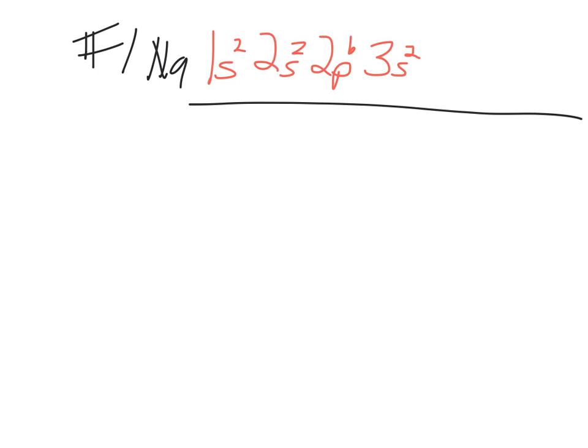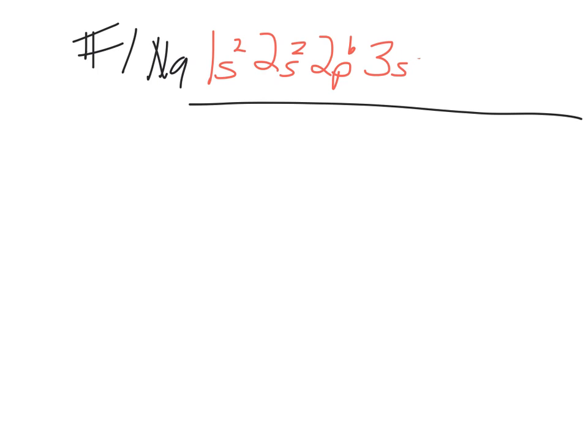Are we sure that we're at 3s2? Where does sodium stop? What is your stopping point? Is it supposed to be 3s2? What is it supposed to be?